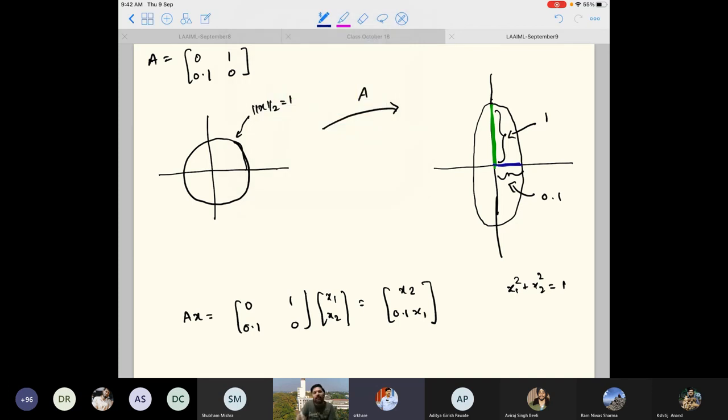But which vector is getting mapped to this minimum magnification direction? So here, what is happening to E1? This is your E1 vector. Where is E1 getting mapped to? And where is E2 getting mapped? So AE1 is equal to what? And AE2 is equal to what?